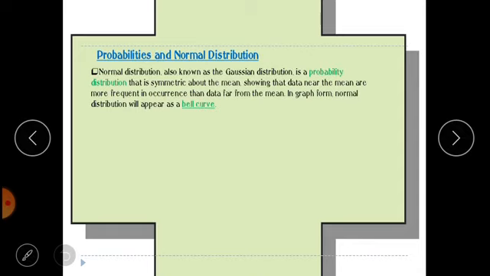So in graph form, normal distribution will appear as a bell curve. So alam nyo ba kung ano ang bell curve? So the normal distribution, class, is a continuous probability distribution that is symmetrical on both sides of the mean.